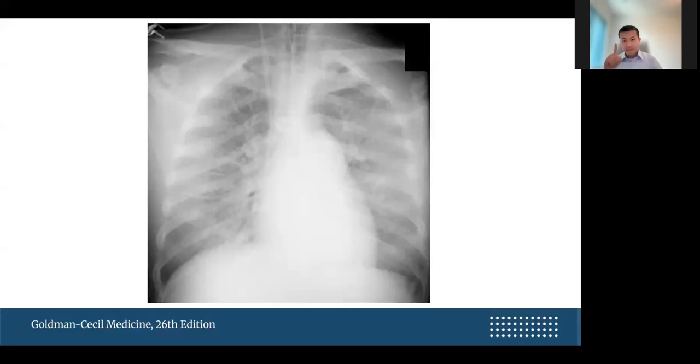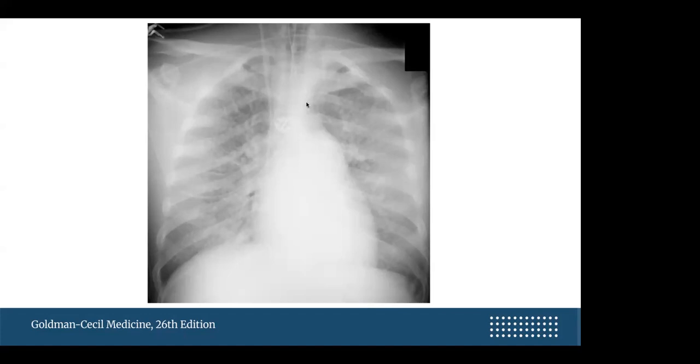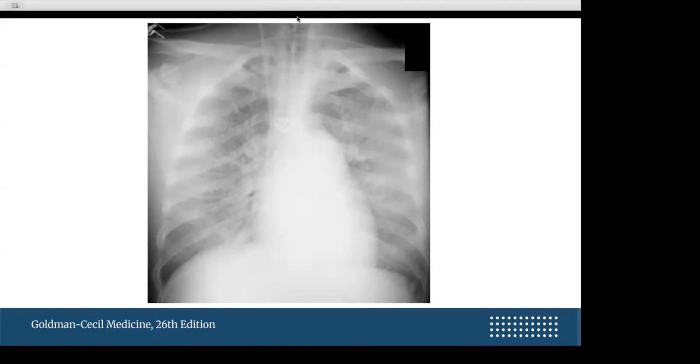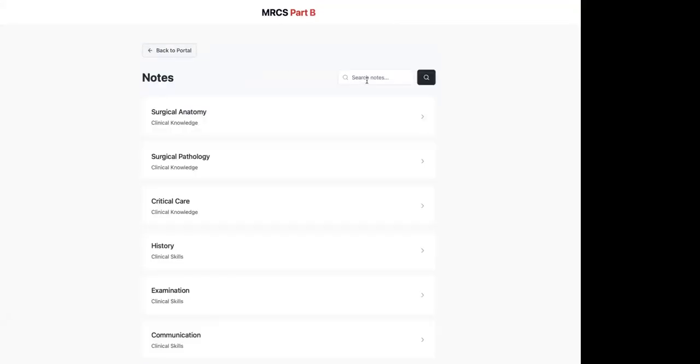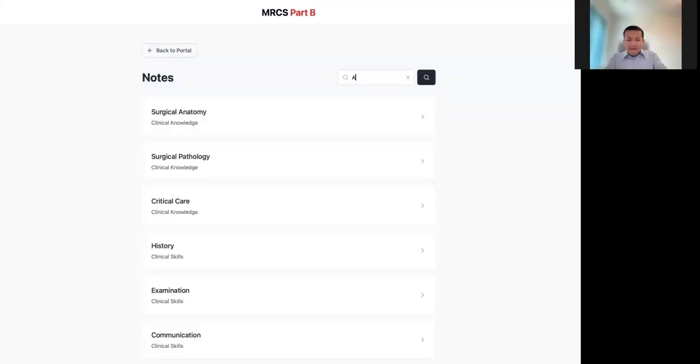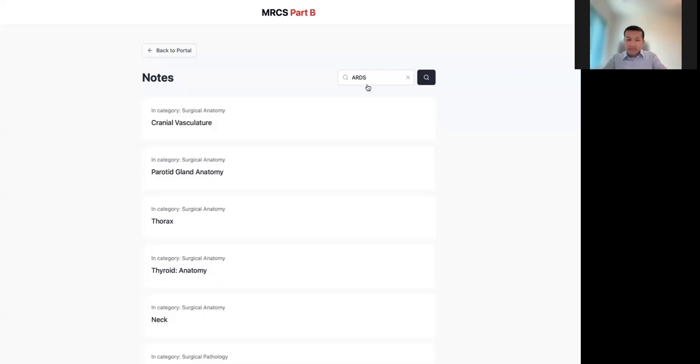So one parameter that you look at would be capillary or bat-wing appearance. Say it again. Capillary or bat-wing appearance in the X-ray. It's very non-specific and very difficult to see on the X-rays.